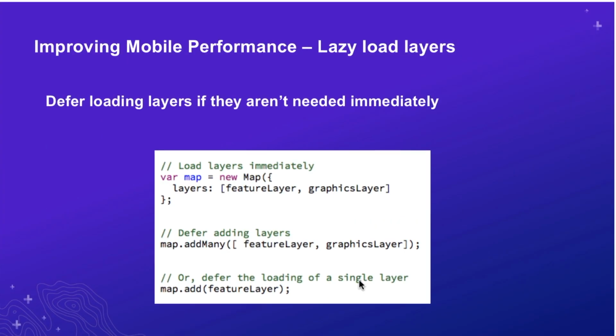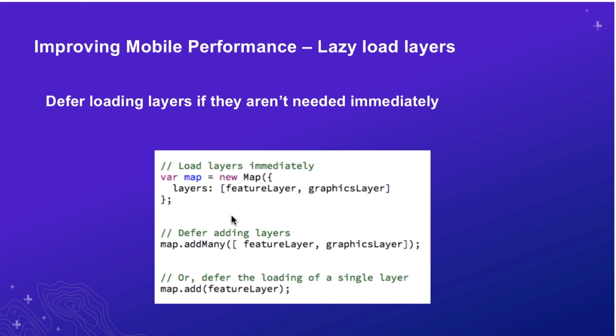You can defer other things too, such as layers. And layers can often pull down a lot of data. They can use a lot of memory. So the typical thing that we'll see is that people will load all the layers immediately up front using this pattern as shown here, but you don't have to do that.